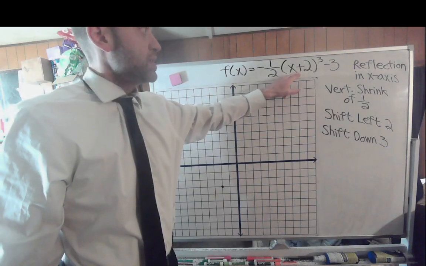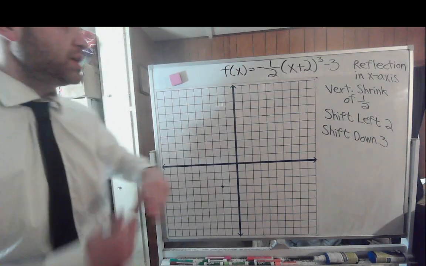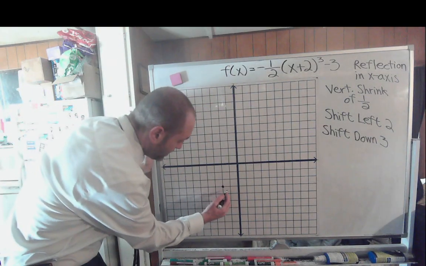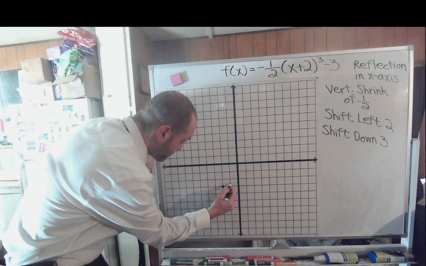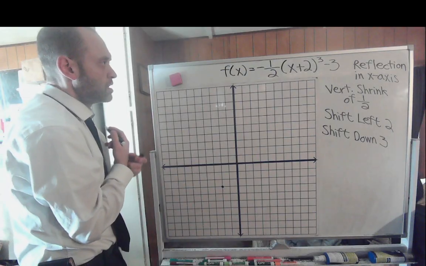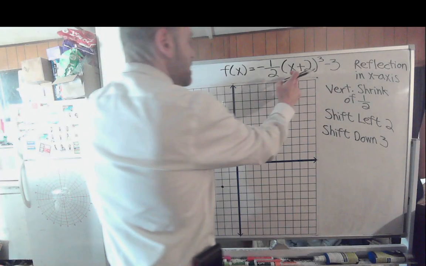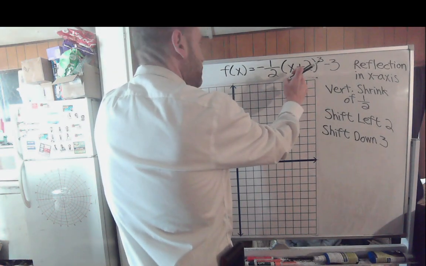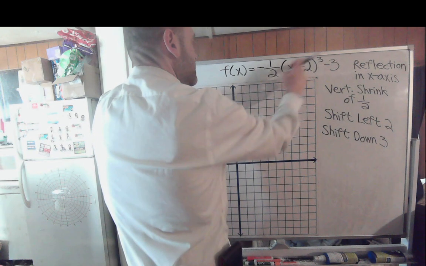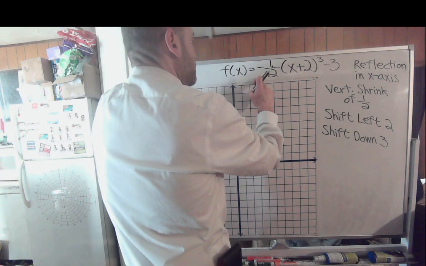So that would be 1 to the third, which is 1. You would get negative 1/2 of that minus 3. You would end up getting negative 3.5. Wait a minute. Yeah, negative 1. Sorry, yeah, negative 1 is 1 to the third is 1 times negative 1/2, which is negative 1/2 minus 3.